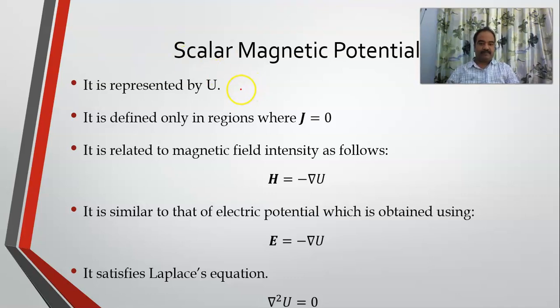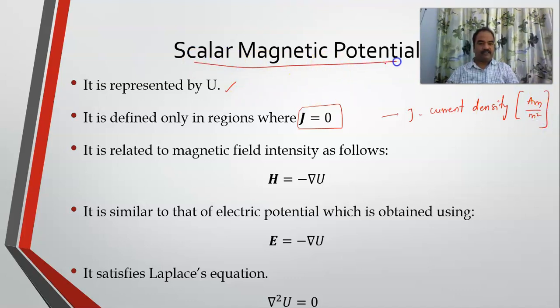It is represented by the symbol U, and it is defined only in regions where J is equal to 0. J is the current density, a vector, with units of ampere per meter square. So, scalar magnetic potential is defined only in regions where J is equal to 0.